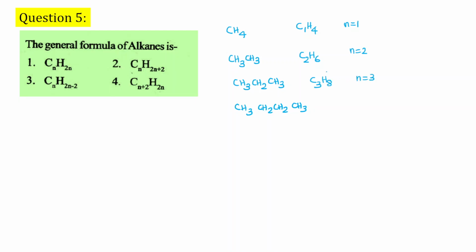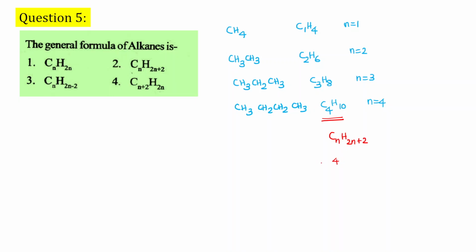N represents the number of carbons. And then 1, 2, 3, 4 carbons here. 6, 8 plus 2, 10. So N equals 4. The trend that it follows here is CnH2n+2.